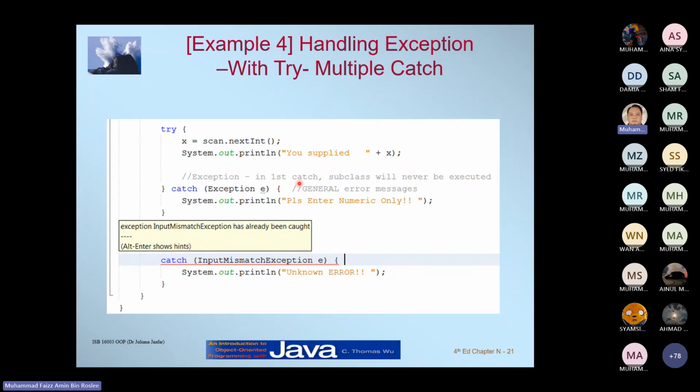So when you already define the exception class over here, you cannot define any subclass or sub library of the exception class, right? So input mismatch is actually a subclass of exception.